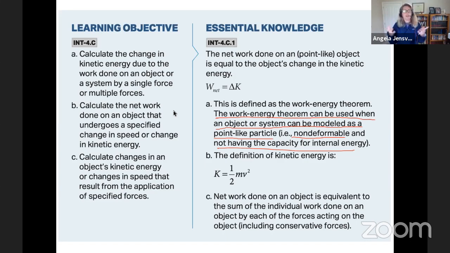Sometimes people call it thermal energy, but it's basically internal energy, okay? So it had to come from somewhere, right? So you can't use work energy on an object if you have friction, because what's happening when you have friction? Let me see if I can show you.